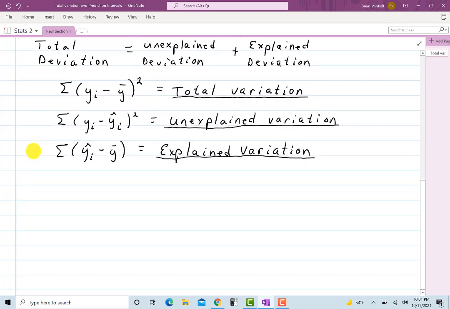It just so happens that the following is true. If we sum up all of the unexplained variations, that's the sum of the explained variations. Oh, I missed a square up there. Let me put the explained first.